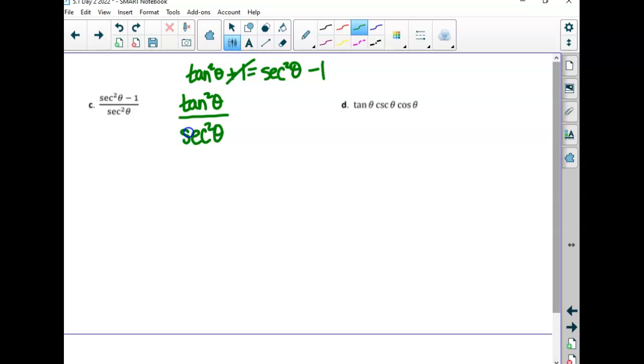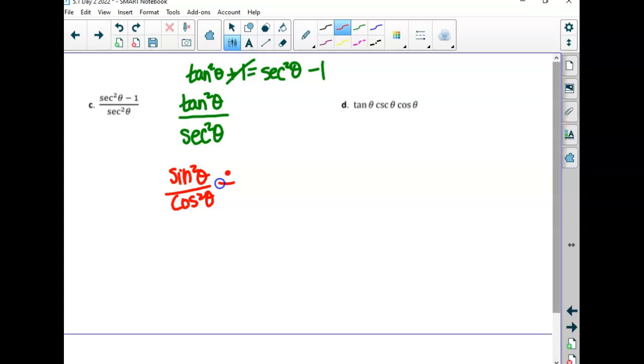What might be your next try? Okay. Do you want to change them to sines and cosines? Okay, that's what I was thinking. So the tangent squared, let's see, would be a sine squared over a cosine squared.